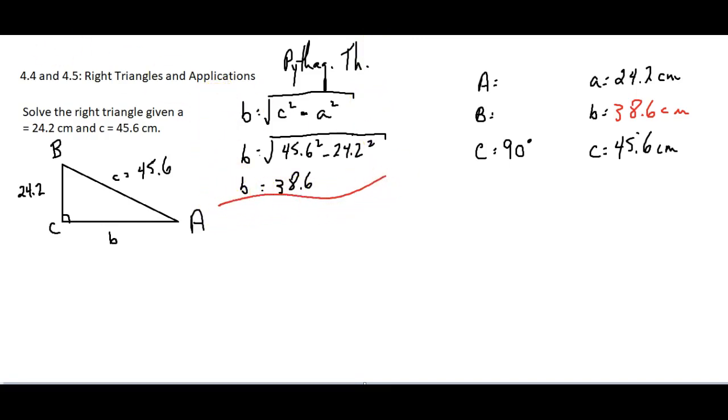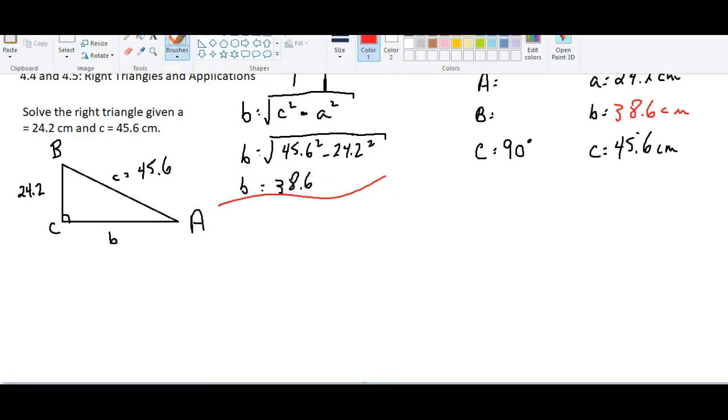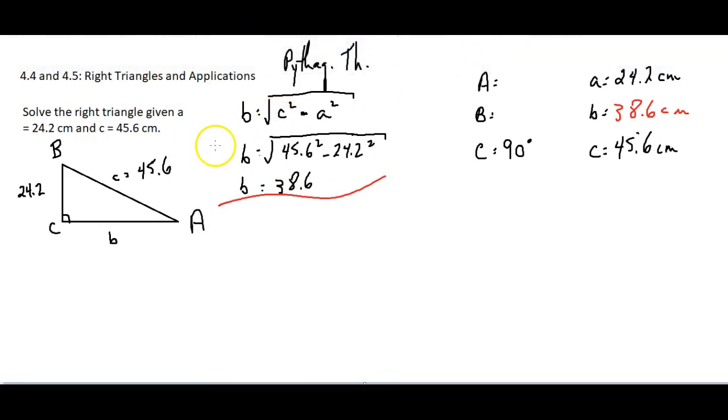Alright, now we need trig to solve the rest, get some angles. So we could solve for A or B first. It really doesn't matter. I'm going to solve for angle A first. With respect to angle A, we know the opposite side and we know the hypotenuse, okay?